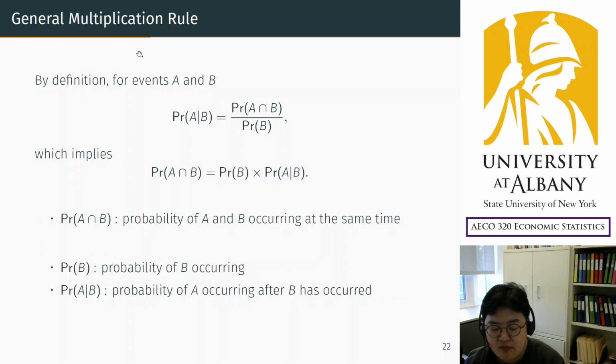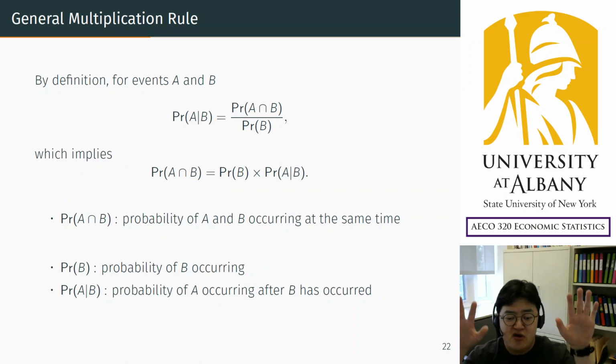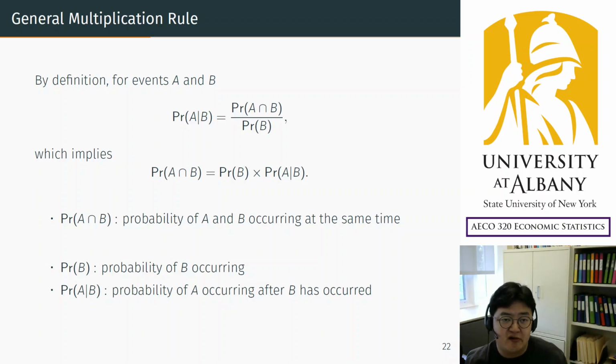Later, I'm going to introduce you to a special multiplication rule. The structure is parallel. In chapter 1, we learned the general addition rule and the special addition rule under a special condition. And now we learn the general multiplication rule, and later we are going to learn the special multiplication rule under another assumption.